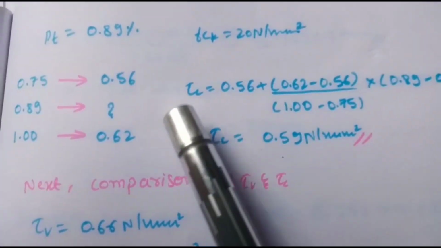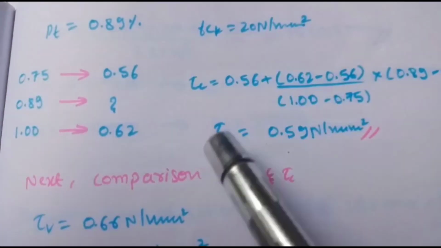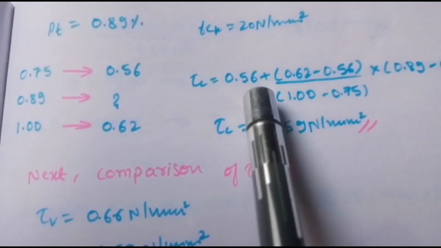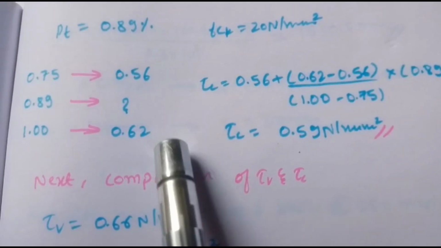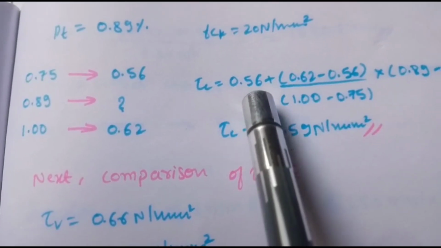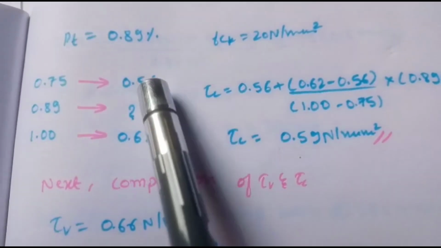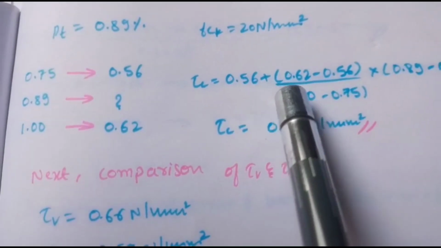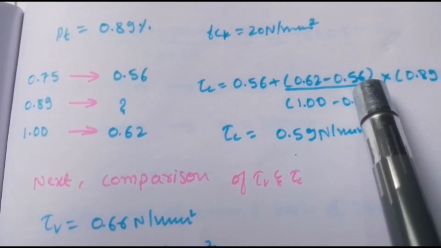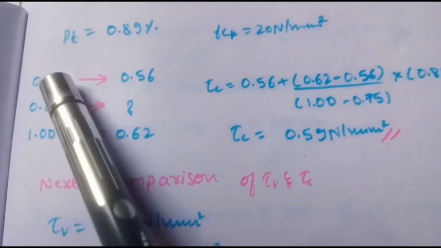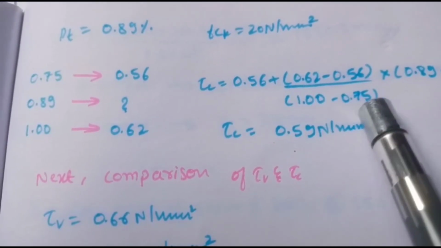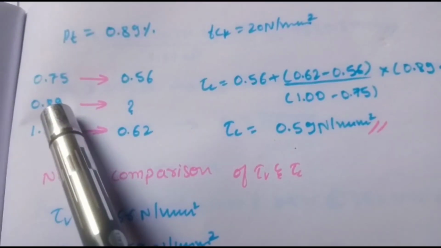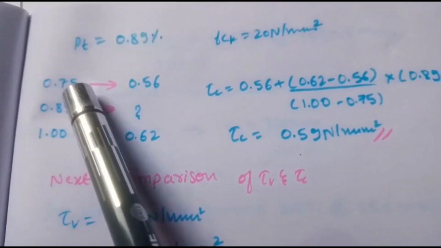For calculation of tau C by doing the interpolation method, first we have to take the 0.56 because this value goes on increasing. So 0.56 plus greater value minus least value, that is 0.62 minus 0.56, divided by greater value minus least value, that is 1.00 minus 0.75, into the value which you want to find minus the least value.